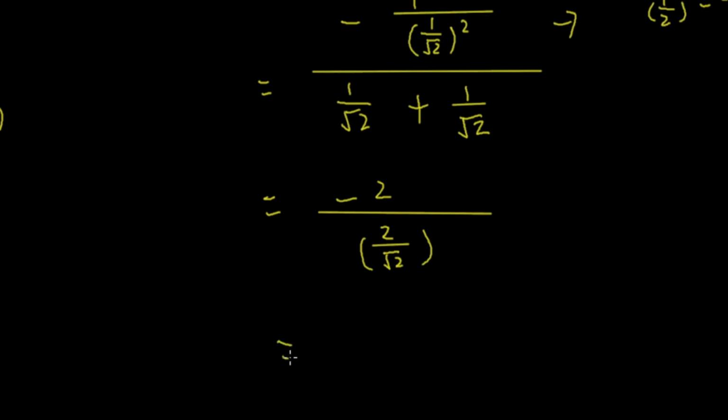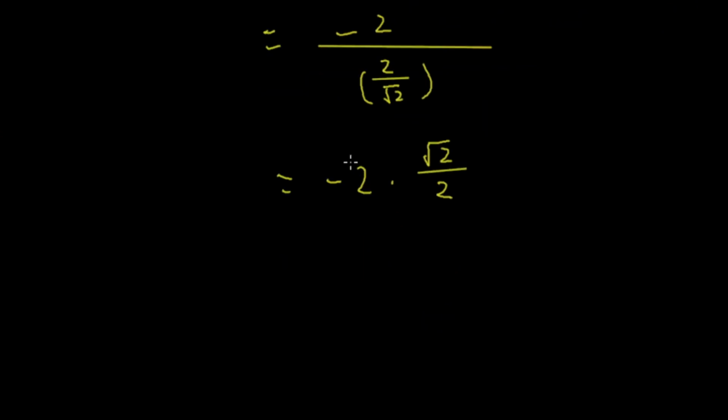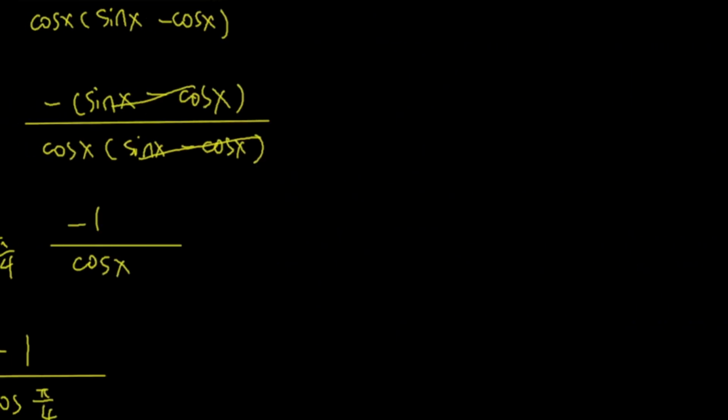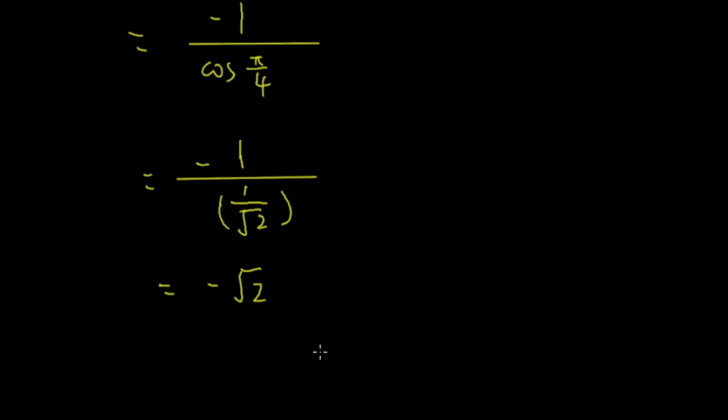And this is the same as negative 2 times square root of 2 over 2. And of course, 2 and 2 cancel out. I have negative square root of 2. Okay, I get the exact same answer here using L'Hopital's rule, and here by rewriting the trigonometry identity.